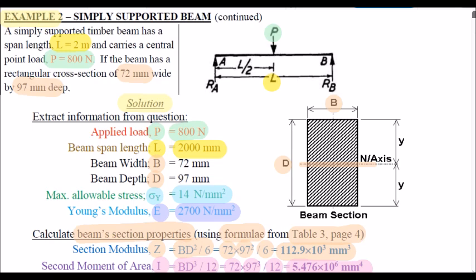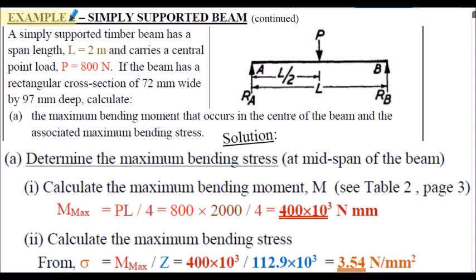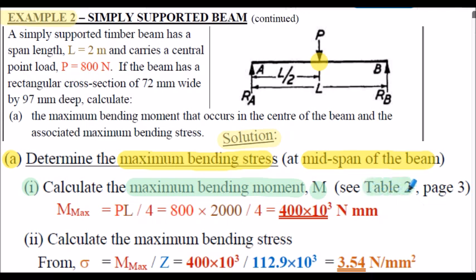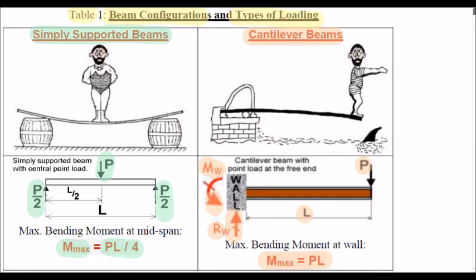Example 2, the solution continued here. Let's now determine part A. The maximum bending stress occurs at the midspan of the beam here under the load. So step 1 here, we're going to calculate the maximum bending moment, M. From our table 2 on our previous slide, the maximum moment at the center of the beam is PL divided by 4.